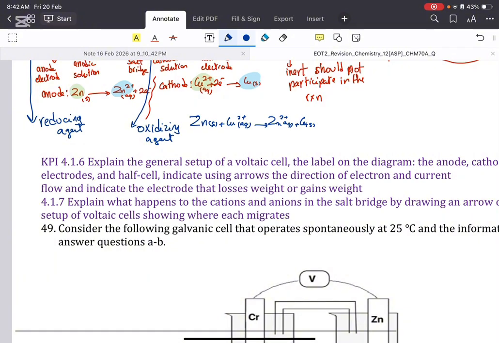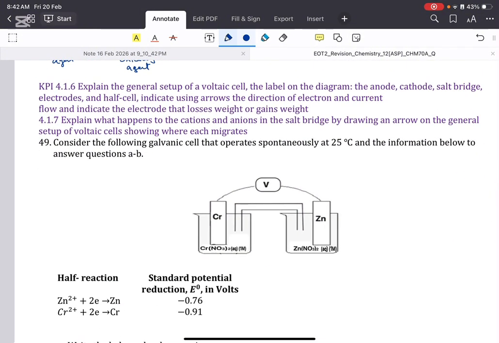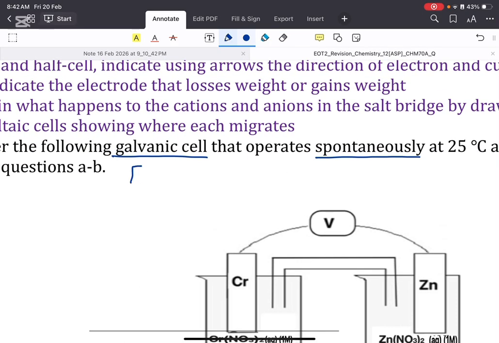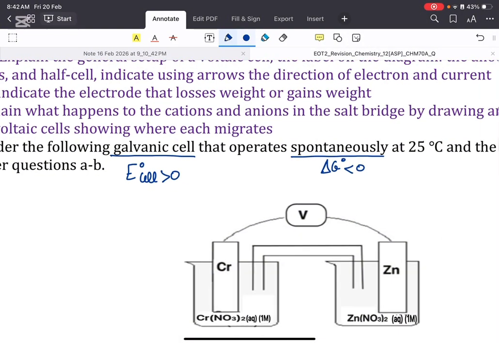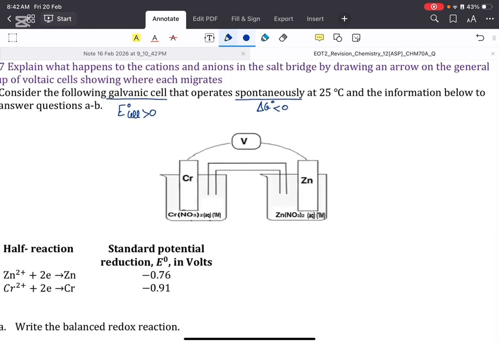Okay, now consider the following galvanic cell that operates spontaneously. So they told me that this is a galvanic cell. So they told me that E cell is positive, and they told me that delta G is negative. And use the information below to answer the questions.